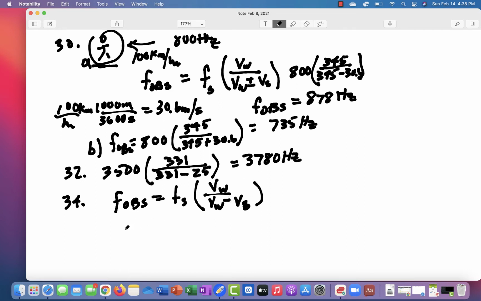So we put numbers in here. 208 is equal to 200 times 335 over 335 minus V source. Now all you have to do is solve this, and V source is going to come out to be 12.9 meters per second.